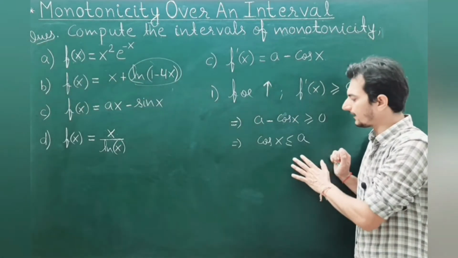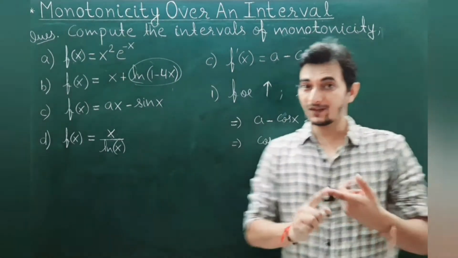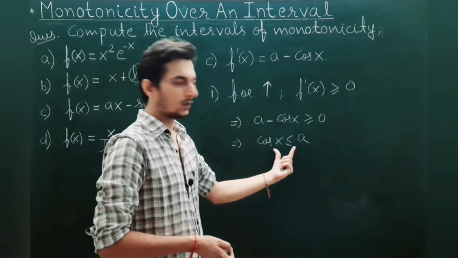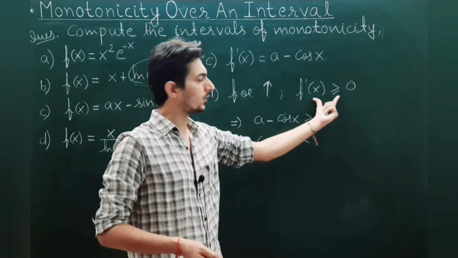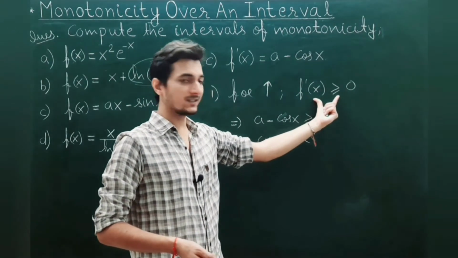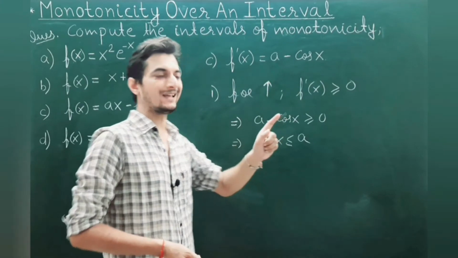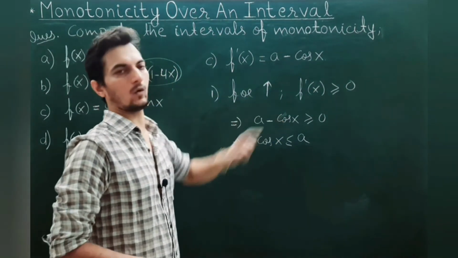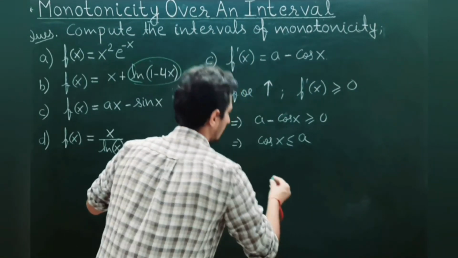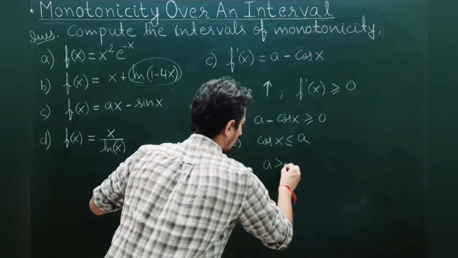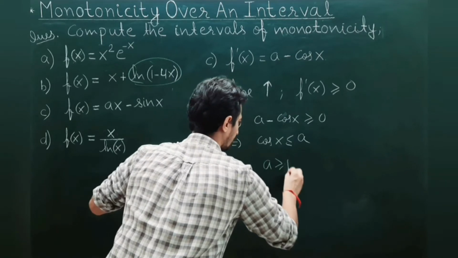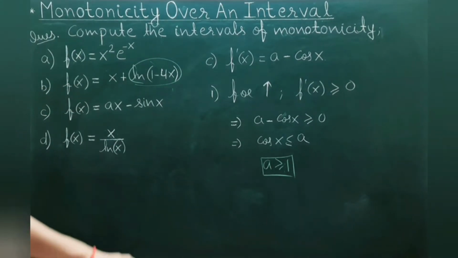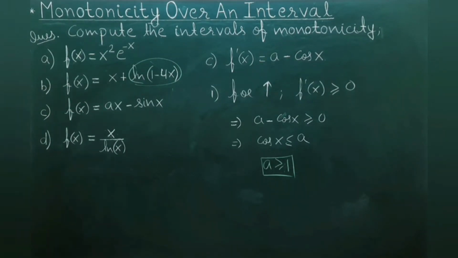So clearly, if A is greater than or equal to 1, f'(x) is going to be greater than or equal to 0 for all x, and f(x) is going to be increasing for all x. Alright, so here my answer is that A must be greater than or equal to 1, and this will make the function strictly increasing.